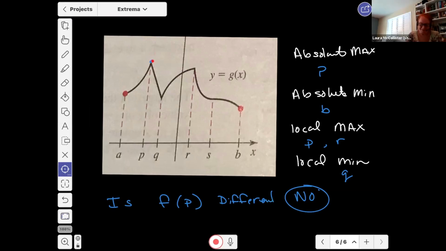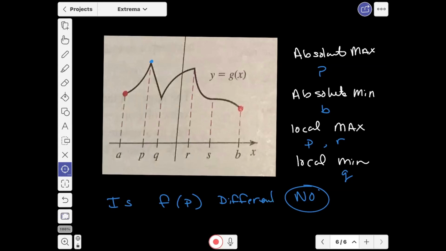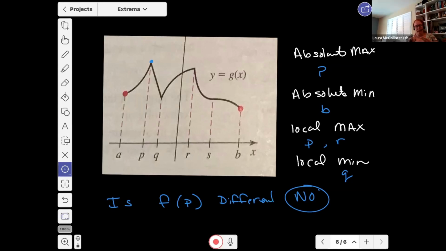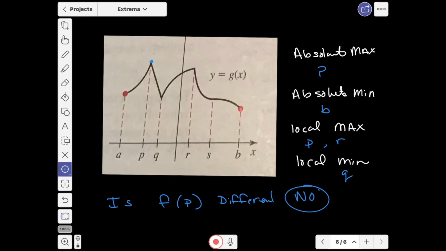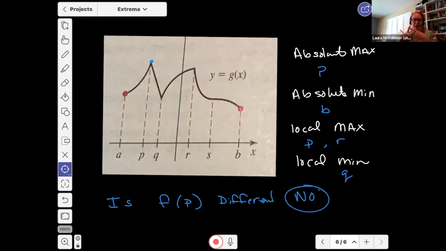Gotcha. Yes. All absolute maxes and all absolute mins, as long as they are not at the endpoints of an interval, are also local maxes and mins. I'm going to say that one more time, and hopefully everyone really thinks about that, because it helps make the definition manageable. If it is an absolute max or an absolute min, it will also be a local max or a local min, as long as it is not at the endpoints of a function.